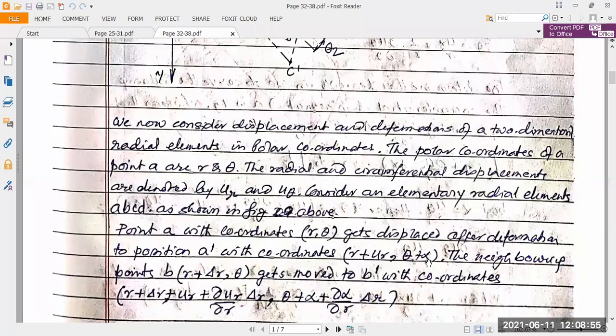Radial distance is equal to r plus delta r. The neighboring point B, initially at r plus delta r, gets moved to B dash with coordinates r plus delta r plus ur, and theta plus alpha, with the change in alpha by delta r.